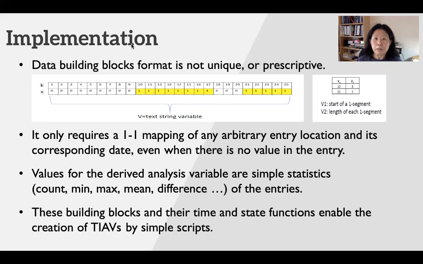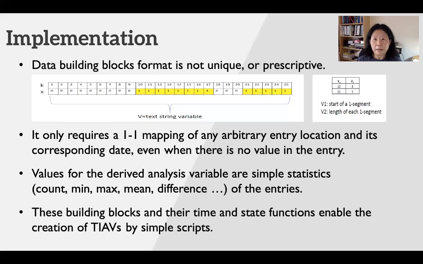They can also be represented differently, as you see here with the variables V1 and V2, where V1 is the starting position of an all-one segment, and V2 is the length of that segment. Which days are ones and zeros can be determined from either implementation. Just the code to do that is different.